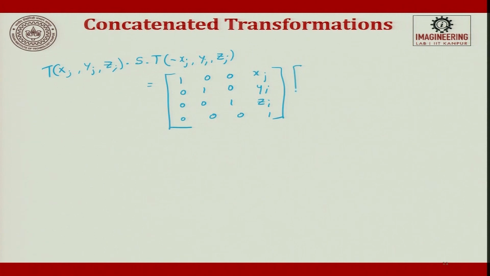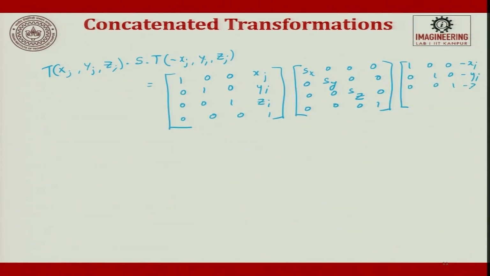Next, we do scaling: Sx 0 0 0, 0 Sy 0 0, 0 0 Sz 0, 0 0 0 1. And then we do the final one, that is 1 0 0 minus xj, 0 1 0 minus yj, 0 0 1 minus zj, 0 0 0 1.